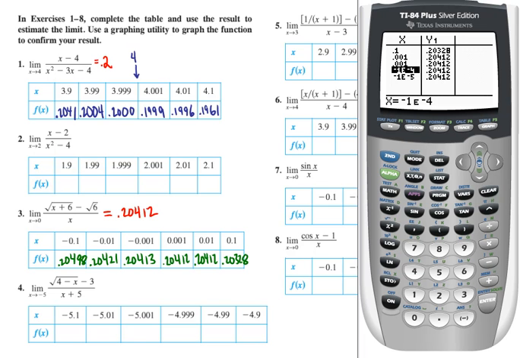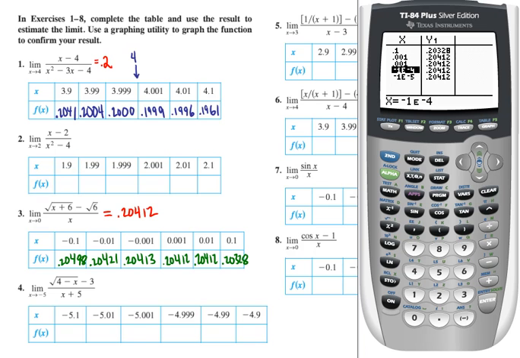But in problem 3, we're approaching 0, and so the numbers that we choose are slightly different. From the right, we're still going to do 0.1, 0.01, 0.001, etc. But from the left, because we're approaching 0, we're also going to use negative 0.1, negative 0.01, negative 0.001.